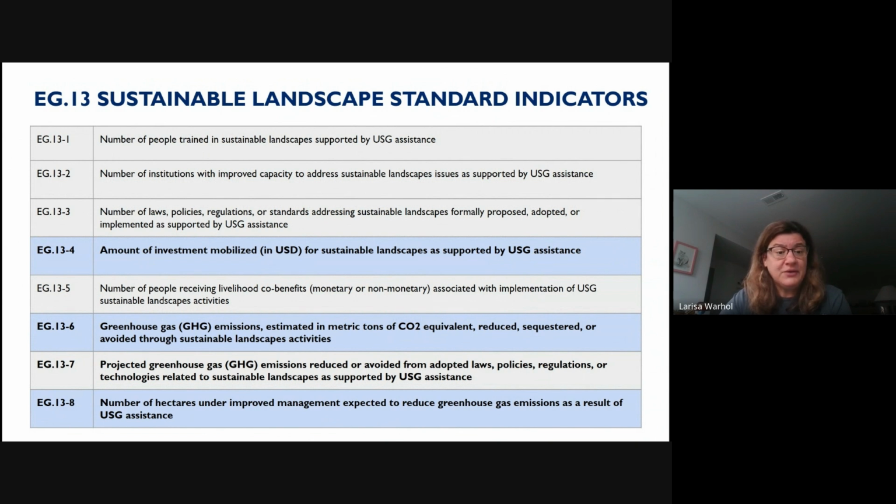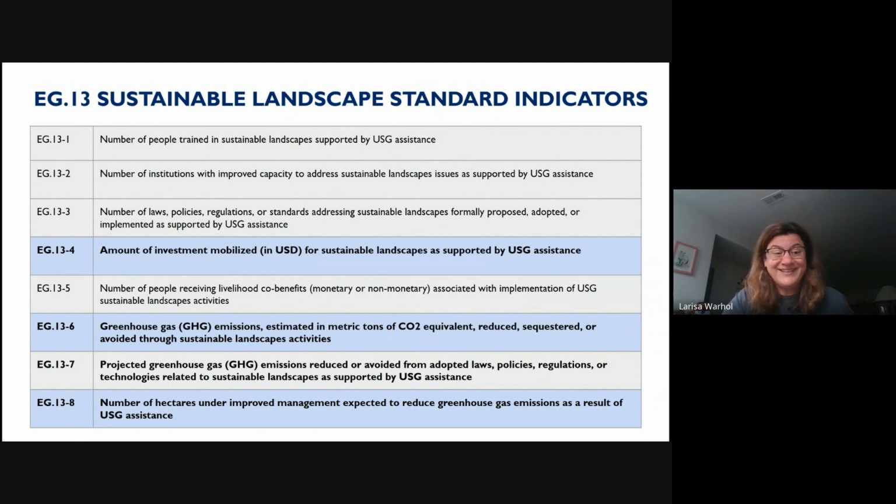And just to reiterate what Patrick said, I will be highlighting some of these priority indicators, in particular 13.6. I will touch a little bit on 13.4, and Patrick will talk about that a little when we come back to carbon markets, but there is an entire separate MEL learning series presentation on the climate finance indicators, so we definitely refer you to that.